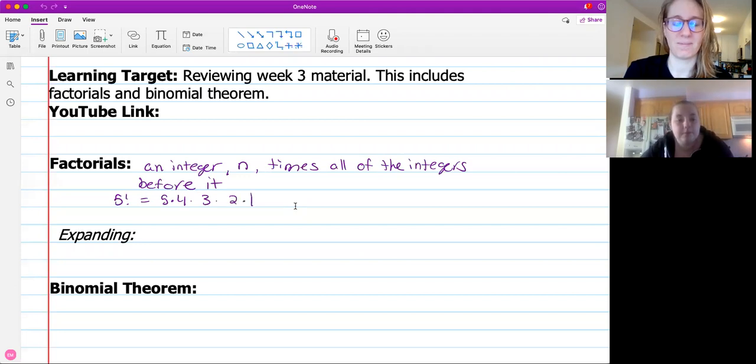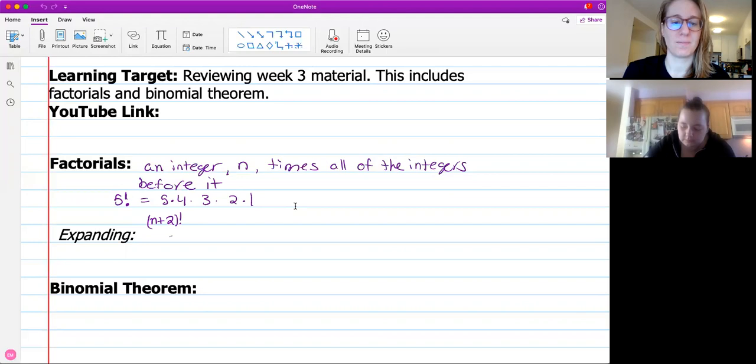Remember that our symbol for a factorial is the exclamation mark right here. The only other thing I'm going to talk about with factorials is when you're expanding one. So when you have something like n plus 2 factorial, you're just going to expand it.